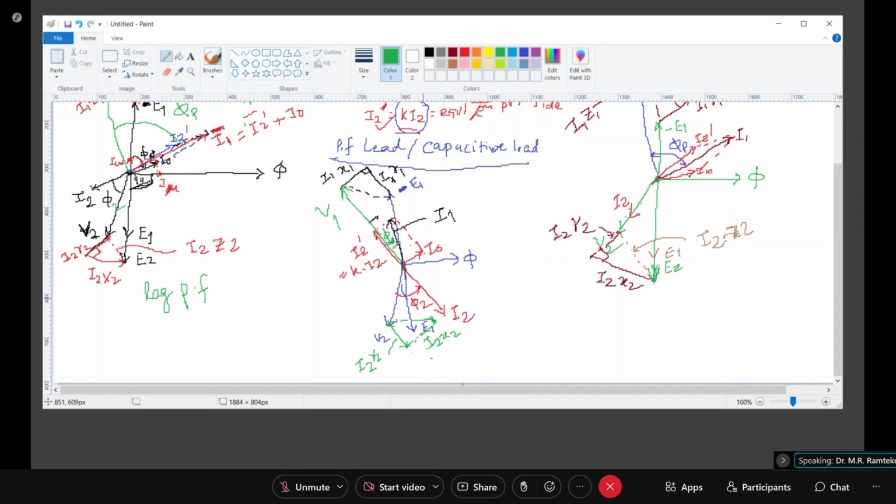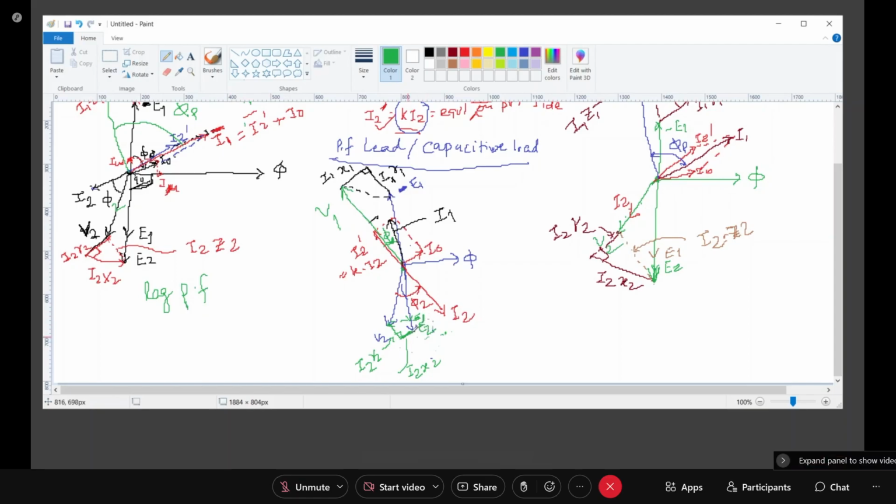So now I will rub this out and make it a little bit smaller. So this is my I2 R2 drop, only this much, and 90 degree to that is my I2 X2 drop, and this is going to be my E2. Okay, you can put E1 somewhere here.